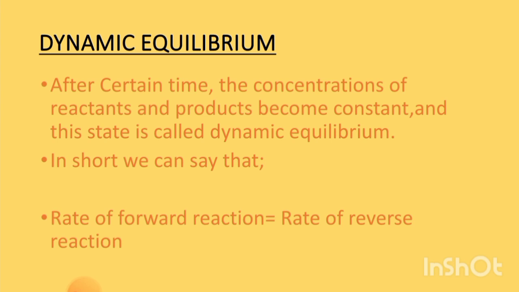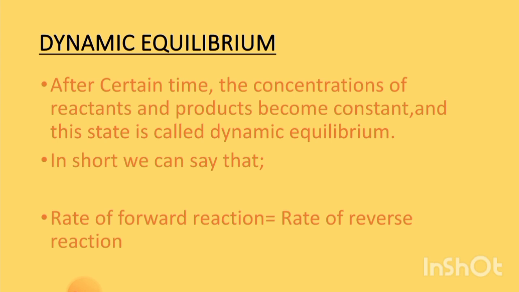But when they have equal concentrations, for example, the product is having 50% of the concentration and the reactant is also having 50% of the concentration, then their concentrations become constant, because now none of the species is at a higher concentration.